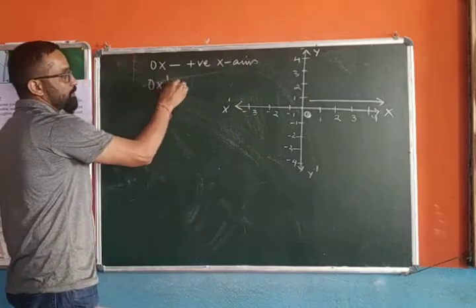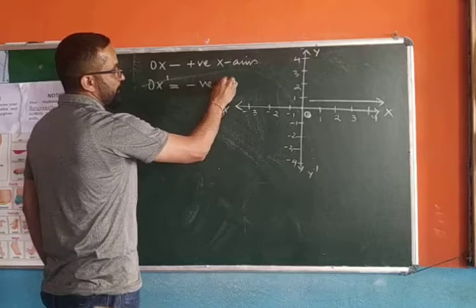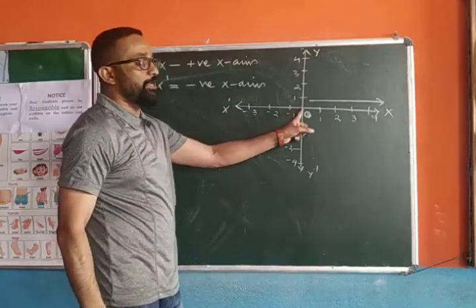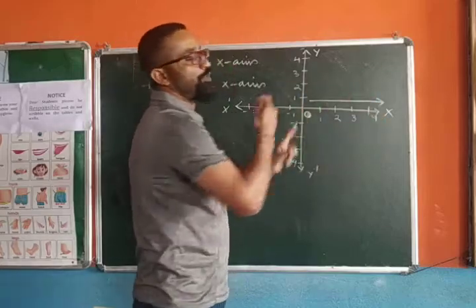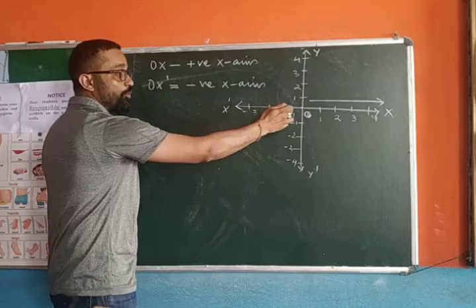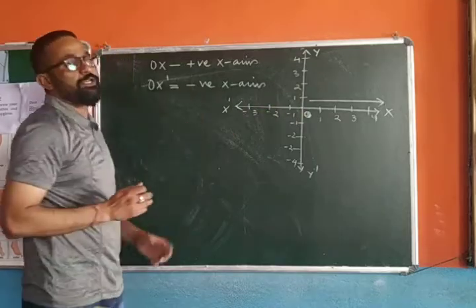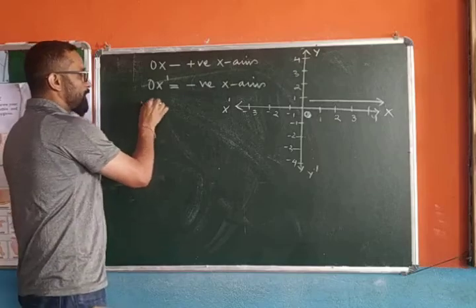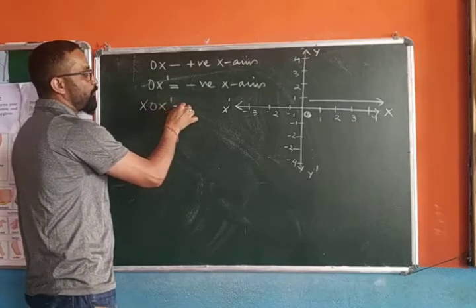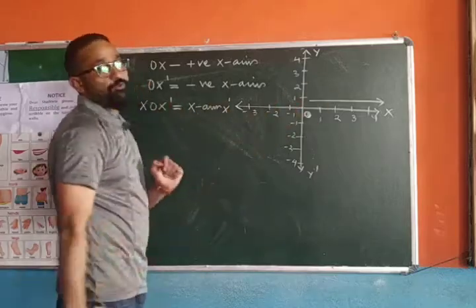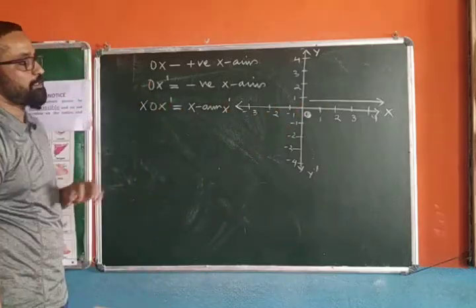OX dash is called the negative x-axis. So on the right side of the origin it is the positive x-axis, and on the left-hand side it is the negative x-axis. X'OX together is called the x-axis.